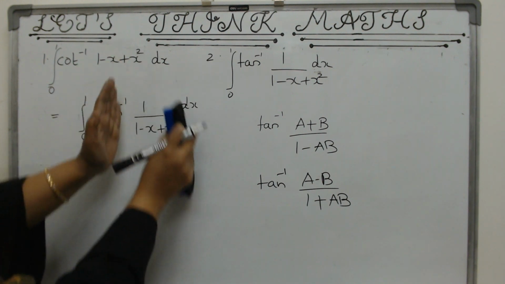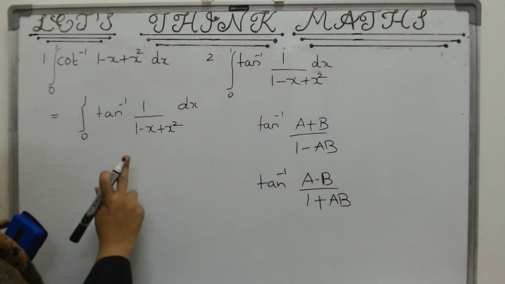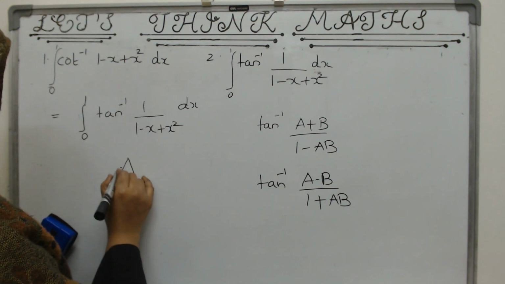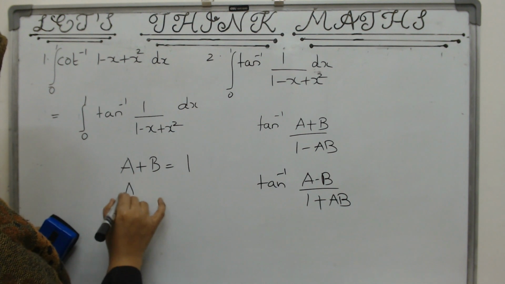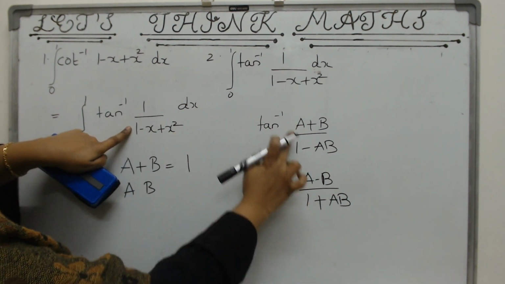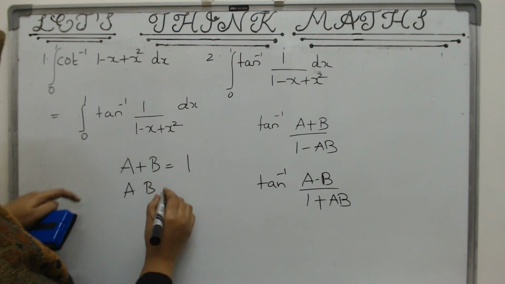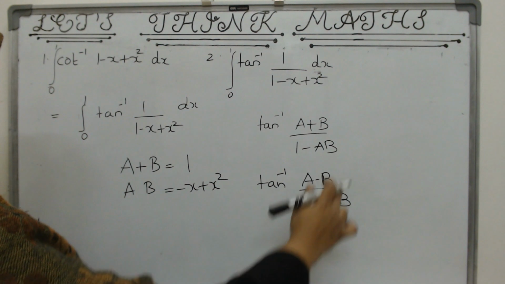So always try to bring it in this form, such that the numerator you express as the sum of two numbers, and the denominator, leave the one there, just take these two, minus x plus x square, so that you will get it in this form.